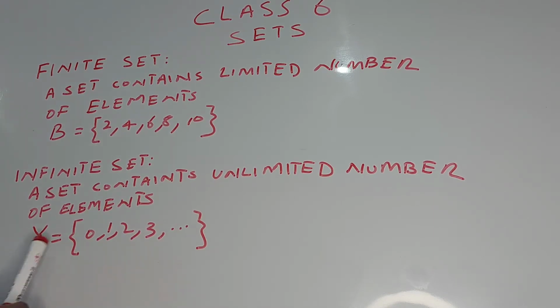Another example, Y is equal to 0, 1, 2, 3 and 3 dots means continue. So set Y contains unlimited number of elements, therefore set Y is an infinite set. So these are the two main types of sets.